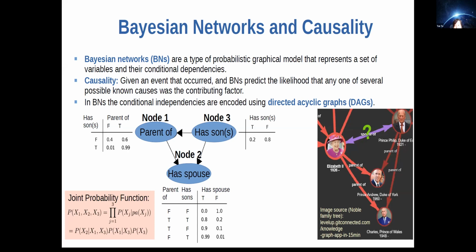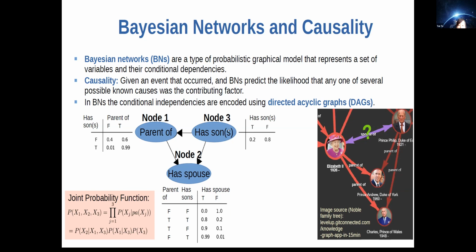Then we can get the joint probability of those events and their parent events. For example, node 3 represents whether Elizabeth has sons. The probability of that being true is, for example, 20%, and the probability of it being false is 80%.